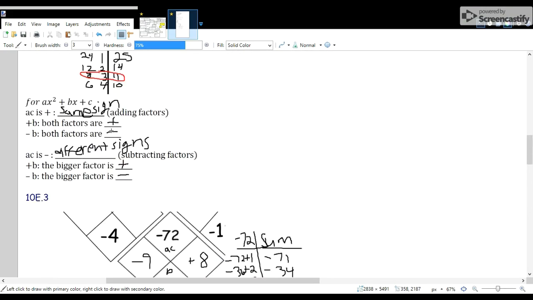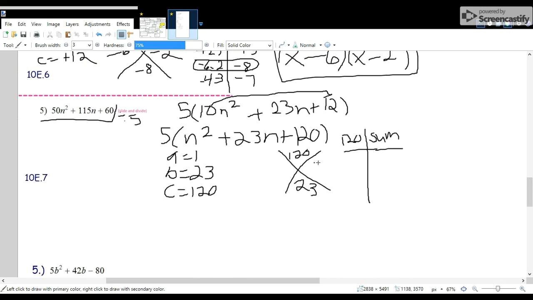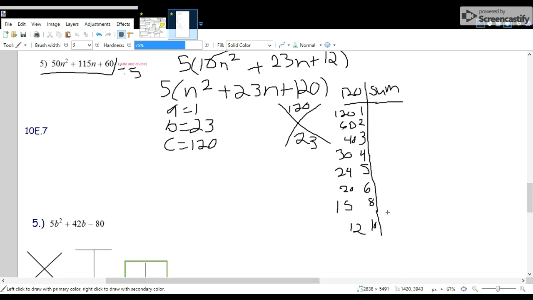If you refer back to the other page, a times c is the same sign, positive, and b is also positive, so they're all going to be positive numbers. So try 1 times 120, 2, and so on. Okay, so you have all your factor pairs.